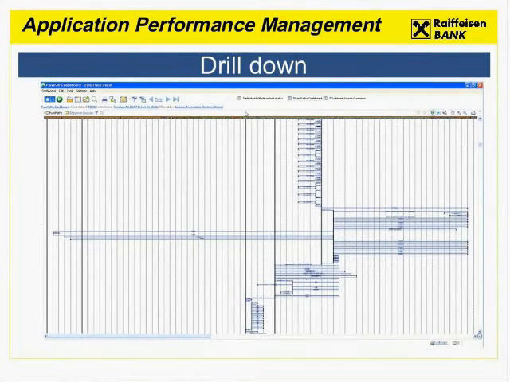This is an example of another screen. I can see the call sequence between the APIs, between the servers, which one calls the other, and how it comes back. It's very visible and easy to work with.